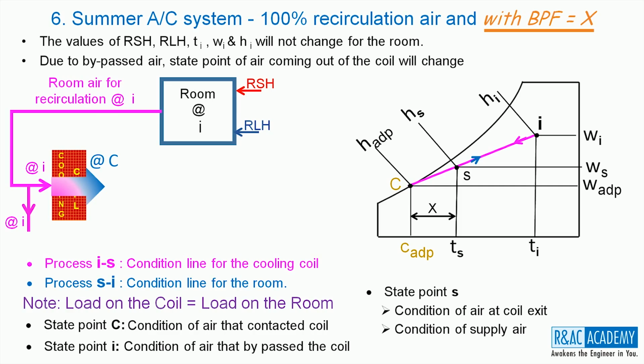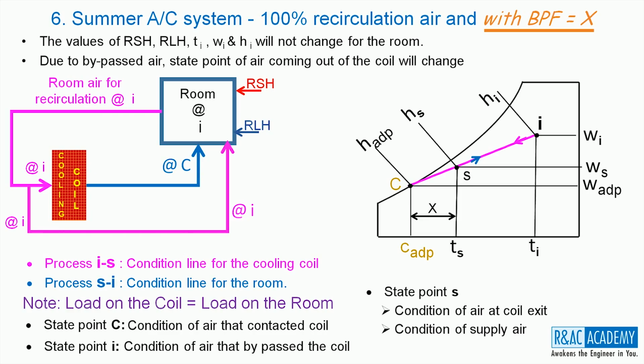Hence, at room entry, we have one stream of air entering at state point C and the other stream entering at state I only. But the important consequence of this phenomenon is that only the air stream at state C will actually be contributing towards the cooling of the room. The air stream at state I will not contribute towards the cooling of the room.